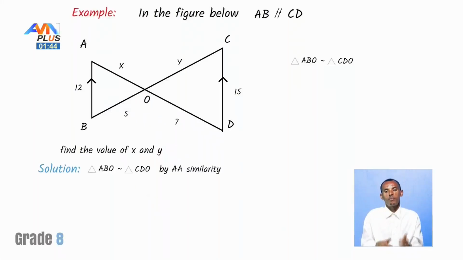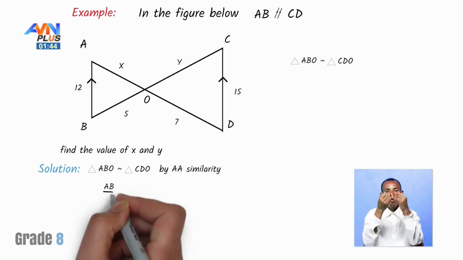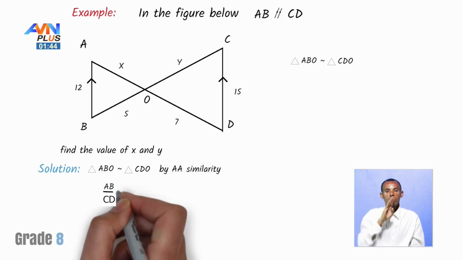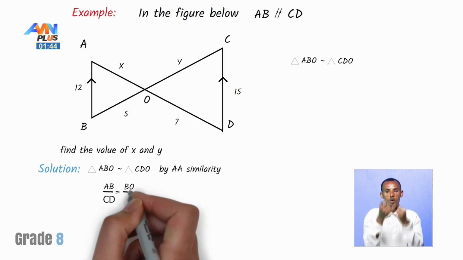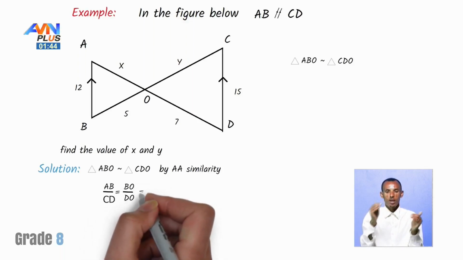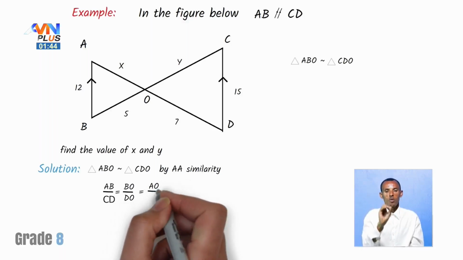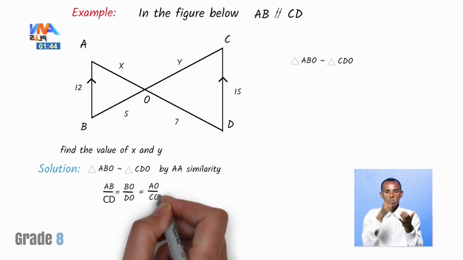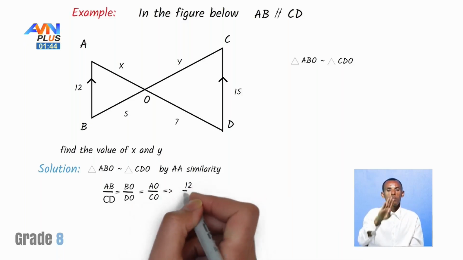So AB over CD must be the same as BO over DO, and this must be the same as AO over CO. Okay, so this implies AB is 12.